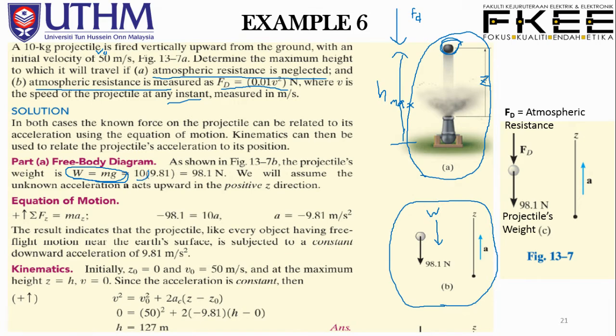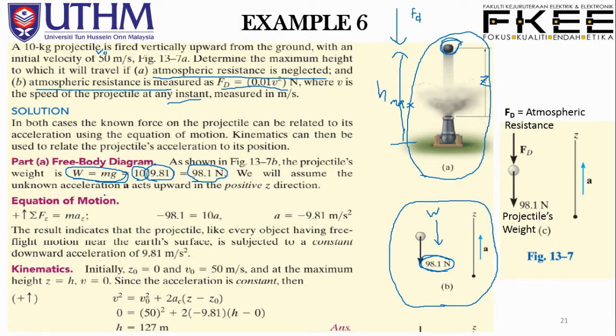The mass is 10 kg and the gravity acceleration is 9.81, resulting in 98.1 Newton. This is the weight of the projectile, acting downward.